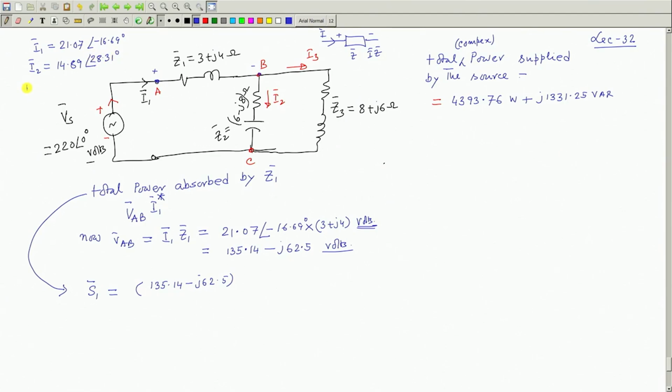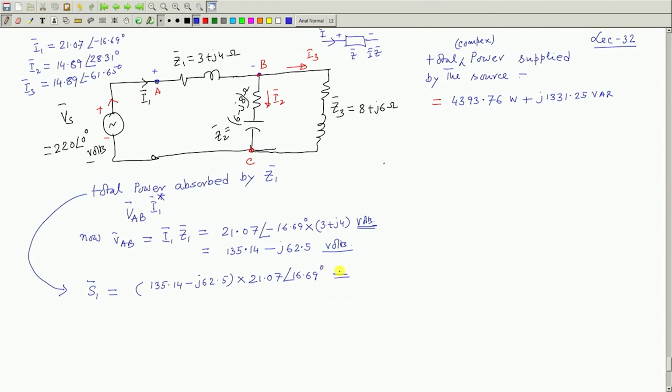and I 3 we got to be also 14.89, but angle is minus 61.65. This is what we got last time. So, here is I 1 star. So, it should be 21.07 and angle is 16.69 degree.